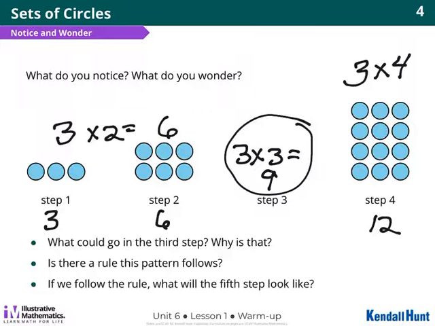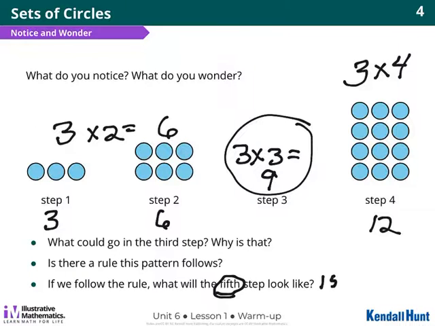If we follow this same rule, what do you predict the 5th step will look like? What would you predict? Vivian? 15. Raise your hand if you think 15. Who wants to explain why? Okay, Michael.